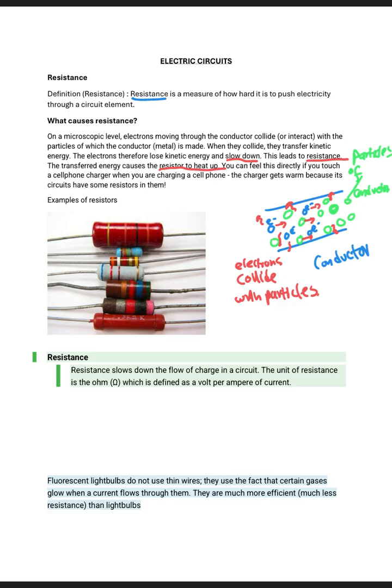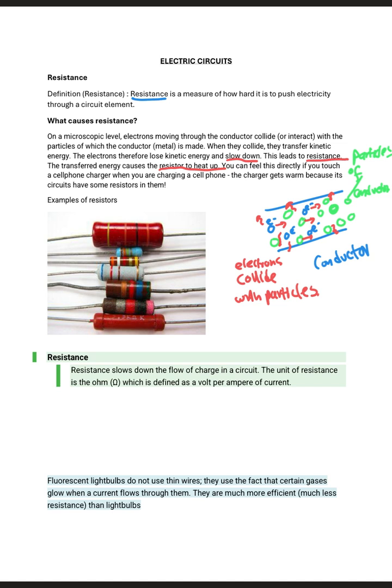I will feel the heat, right? The energy that was kinetic energy has now been converted into heat energy. So the charger gets warm because its circuits have some resistors in them, right?